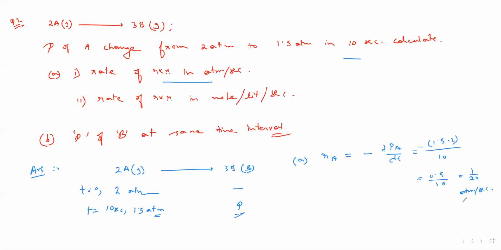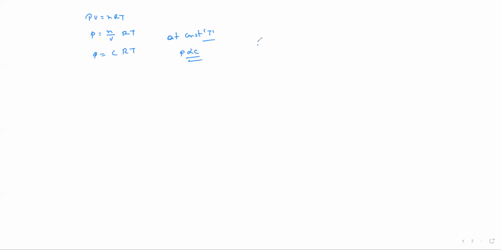Now PV equals nRT. Can I write P equals n by V into RT, number of moles by volume, that is CRT? So at constant temperature, pressure is proportional to C. Is it clear? Now pressure is given over here, and you have to convert it to mole per liter.